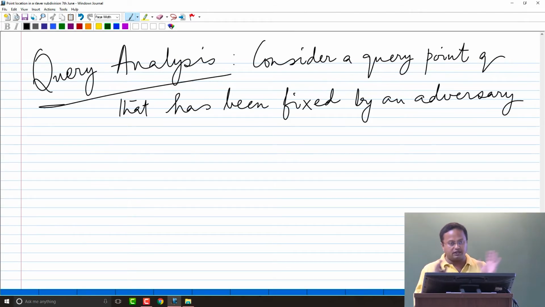The saving grace for our analysis is the adversary does not know the random order in which I am inserting these I lines, otherwise he could have made my life hell, right. So, the adversary picks this point, but what is in my hand is the random order in which I insert it. So, the adversary will not win almost always, no. I have chances of winning. Okay. So, this is the case of the analysis.